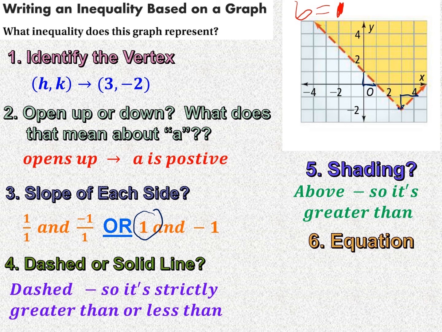And then we substitute in our h and our k. So we get that y is greater than 1 times the absolute value of x minus 3 minus 2. But since 1 is understood, you don't have to write the 1 unless you want to. If you don't write the 1, I'm not going to count it wrong. If you write the 1, I'm not going to count it wrong. That leading coefficient, the a value, is strictly up to you if you would like to write it.